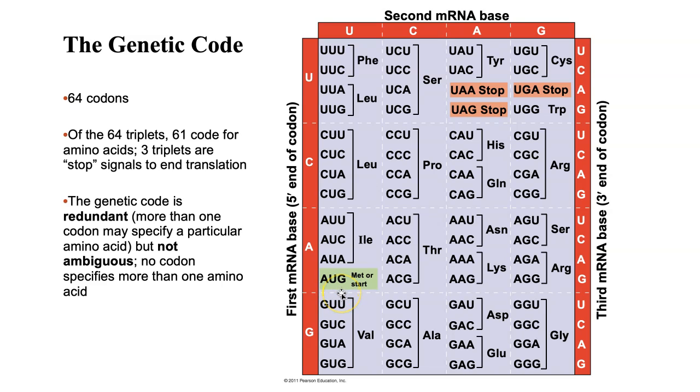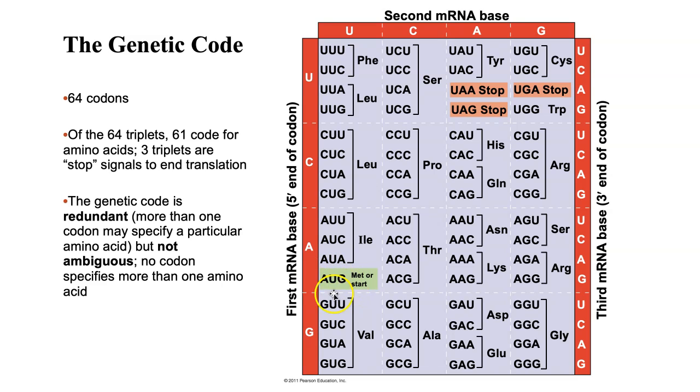So the beginning of every single polypeptide always has this start codon, and note this codon, AUG. AUG codes for an amino acid called methionine, MET, and that is our start signal to start building a polypeptide so we can make our protein. So AUG is the start signal.